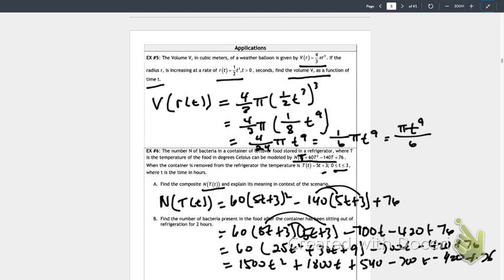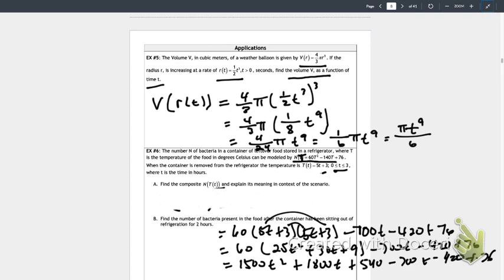Okay, so next I'm going to simplify that. So that gives me, and I'm going to write it up here. Just erase all this. So that'll be N of T of t equals 1500t squared. And then 1800 minus 700 is 1100t.